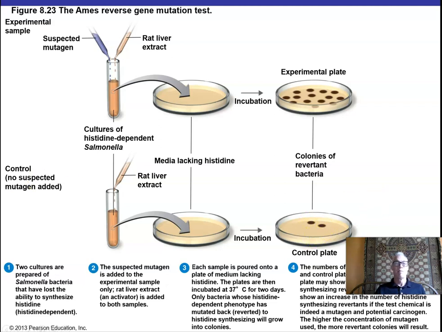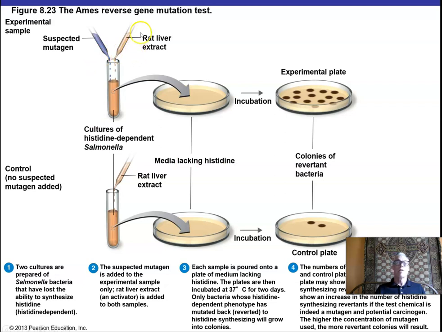That's called the Ames test for mutagens. If there are things that people might eat in their diet, for example, that might be considered dangerous because they might cause DNA mutations, we can test it with the Ames test. If a lot of mutations occur, we might say, well, you shouldn't eat those heavily grilled substances on your grill because some of those products of the grilling are mutagens and so forth.